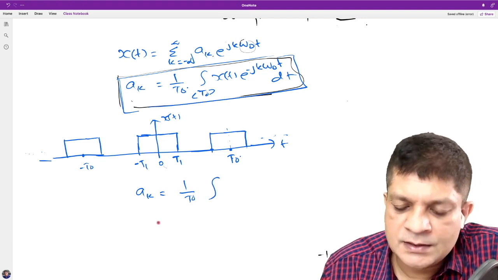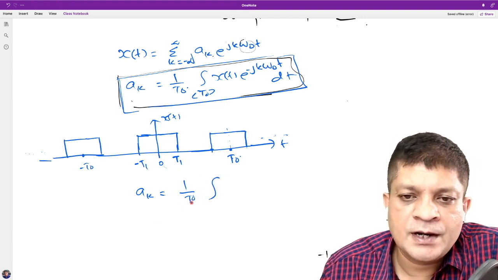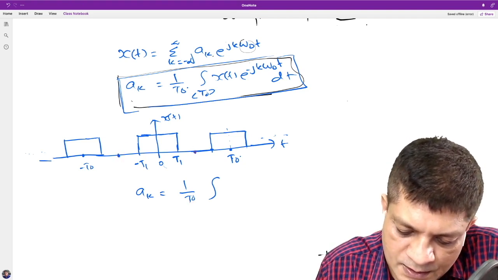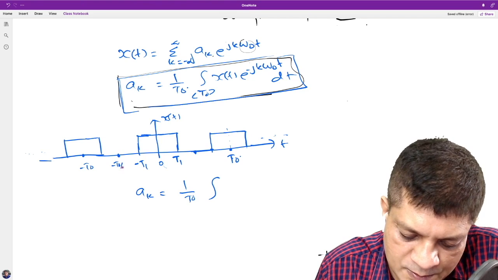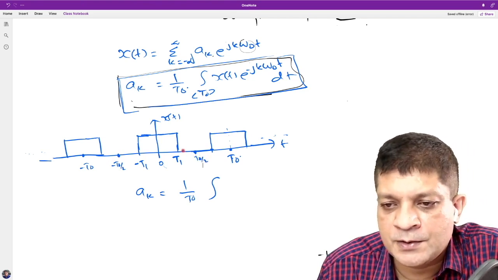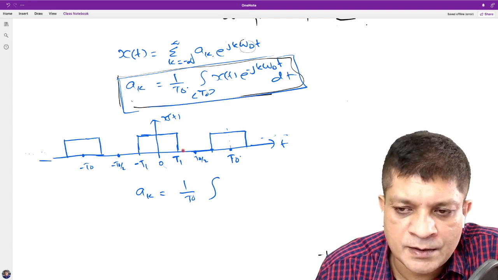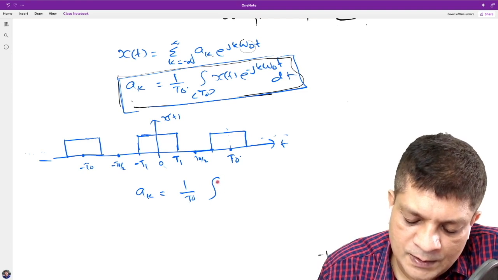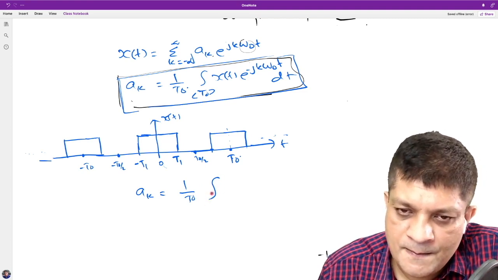And this integration, we have to integrate over one period. Suppose I am taking the integration from minus T naught by 2 to T naught by 2. This is one period of that periodic signal. You can take any interval. I am taking this. Tell me what will be the limits here?